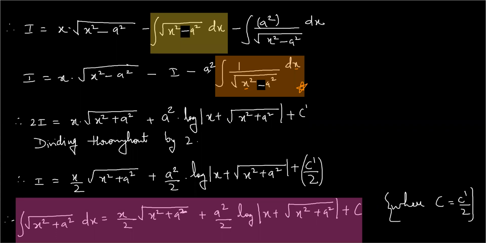This a square is taken out because a square is a constant; we are integrating with respect to x. So what you get, this I goes to the left, it becomes 2I.